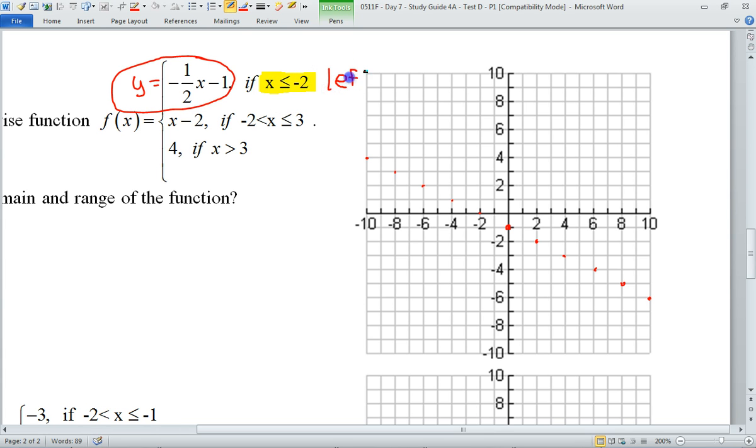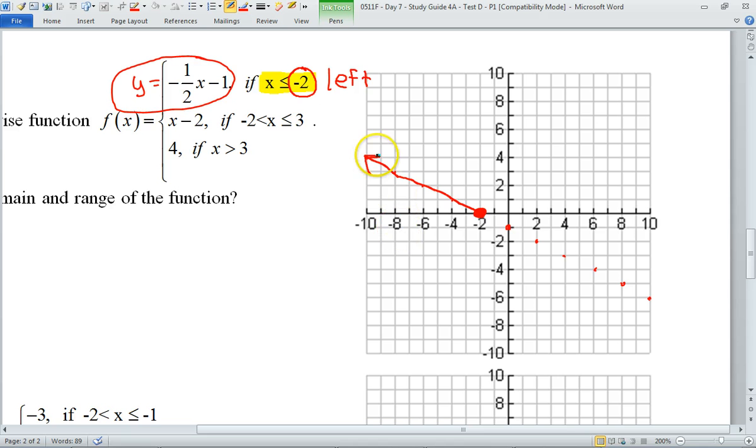That is the left-hand side of this line. Focus on the negative 2. The x value of negative 2 is right here. This is the dot that has an x value of negative 2. Closed-in circle because of the or equal to part. And then I draw in the left side of it like this. Okay, so everyone should have an arrow like that on their paper.